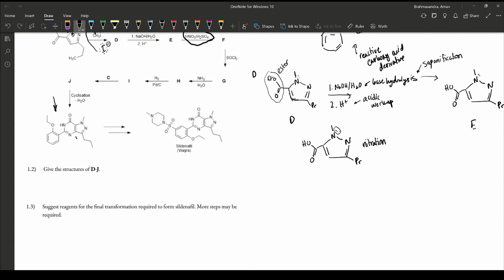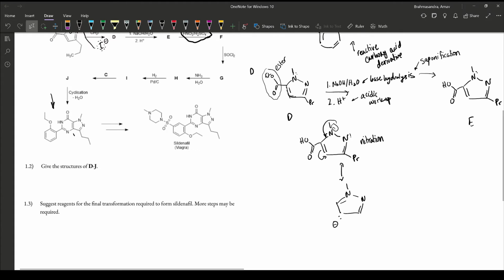So you can see that this lone pair is contributing to the aromaticity of the ring, and we can do some delocalization of this lone pair to some resonance structures. We'll see that there is a resonance structure where we have a negative charge on this carbon, on that bottom left carbon.